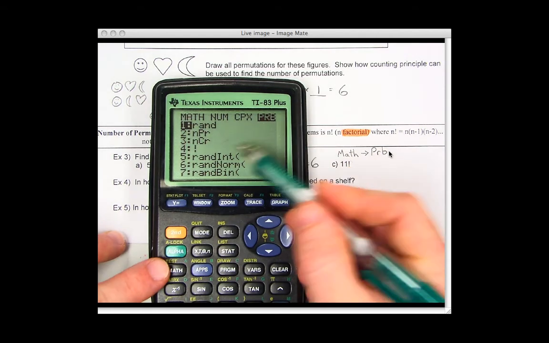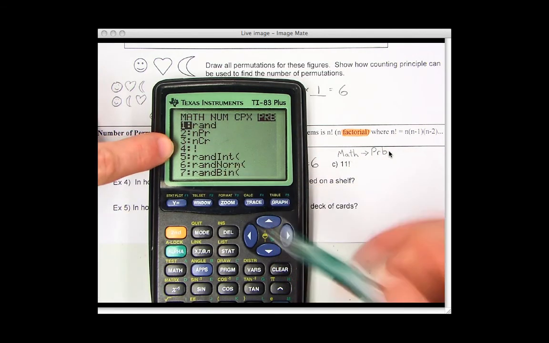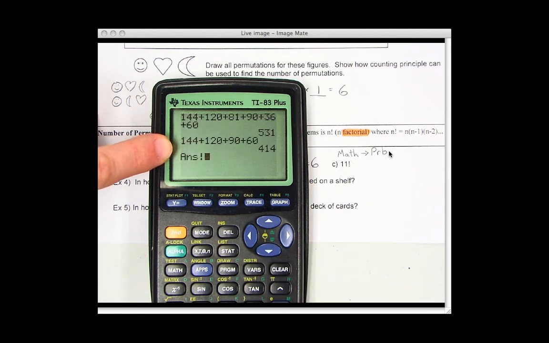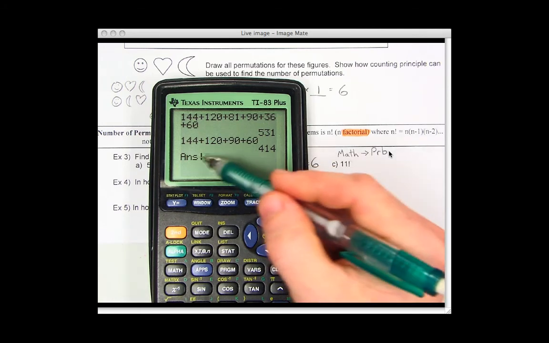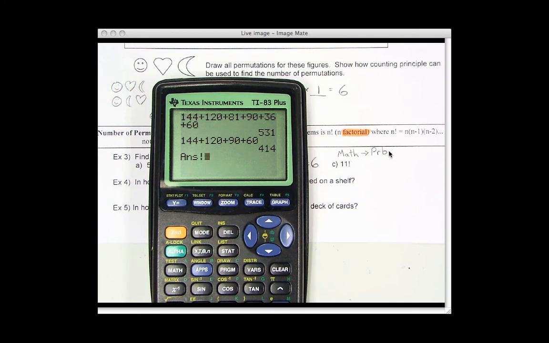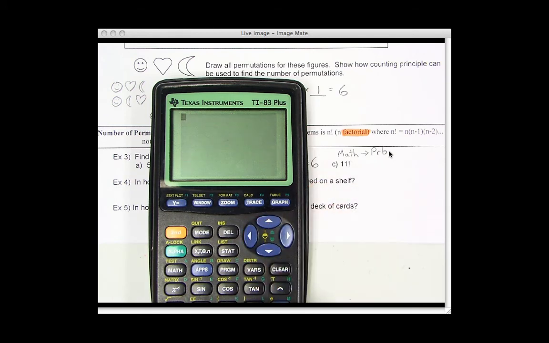And all of this stuff deals with probability. And we want to go down to number 4. And that's your exclamation point. Now you can see when it puts it in, it's going to put it after whatever was there before. And so we need to make sure we put our number in first. So let's clear this. Let's try it again.